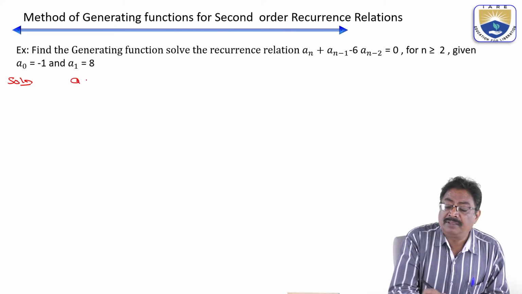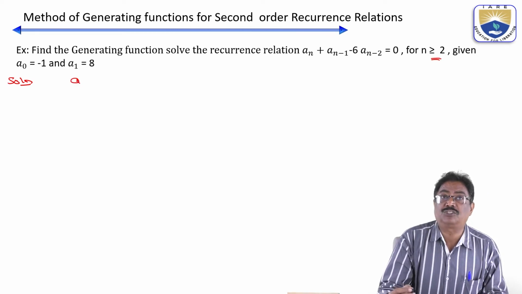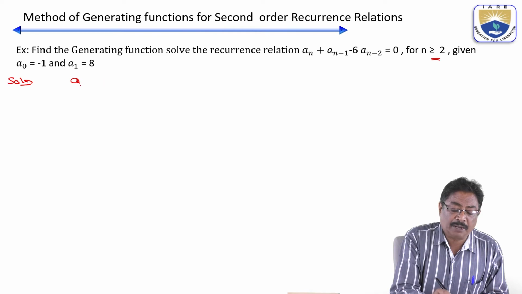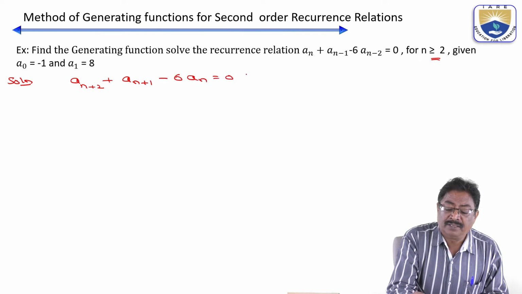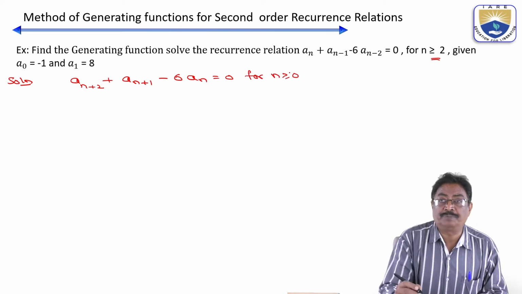Because n is greater than or equal to 2, n becomes n plus 2. If I substitute, then it is a(n+2) plus a(n+1) minus 6a(n) equals 0. This is for n greater than or equal to 0.